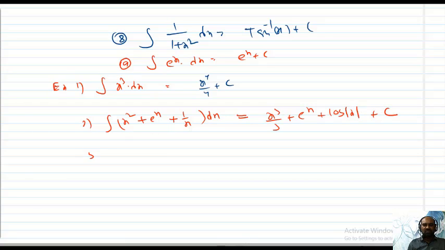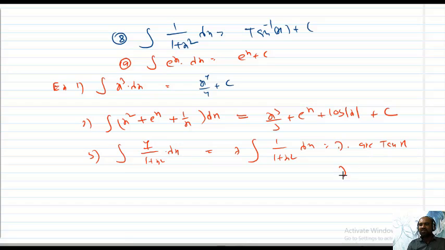Okay, third one, the integral of 7 by 1 plus x square dx should be found. What I can write, 7 into the integral of 1 by 1 plus x square dx. This is nothing but 7 into arc tan x, or 7 into tan inverse of x plus some constant c. In this way you can find the integration of some basic functions.